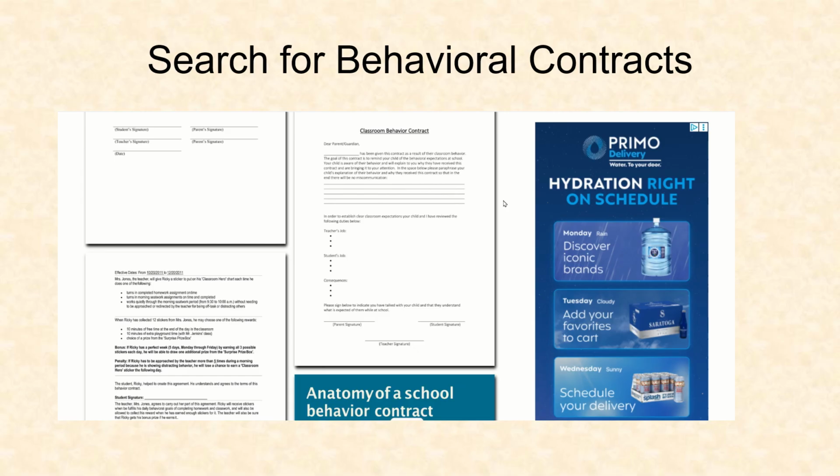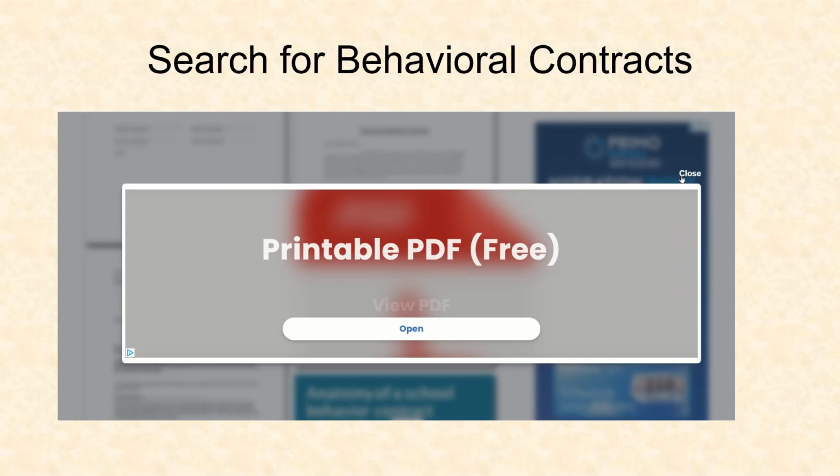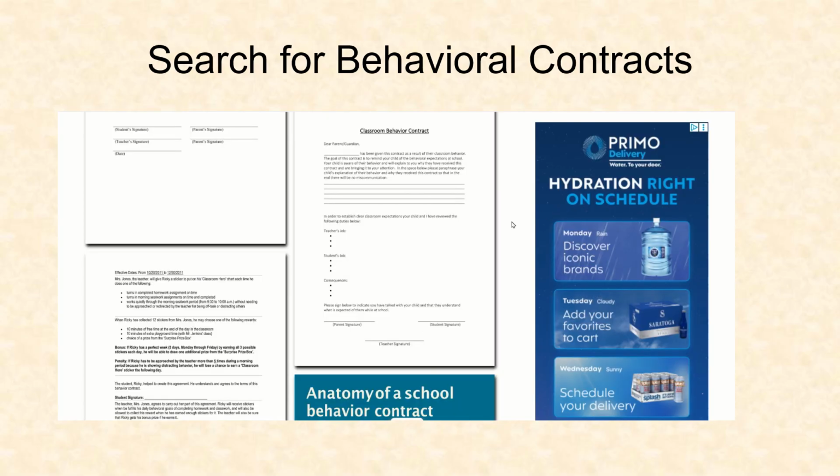Keep in mind that when you engage in a behavioral contract with a student, you're going to negotiate with them. You're going to talk it out. You're going to work out what is the student's job? What are they going to do? Sorry for the ads popping up. So this is an idea of what you can find online.